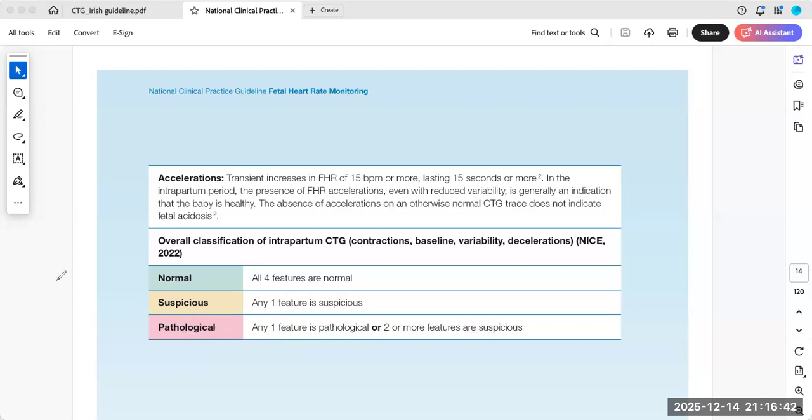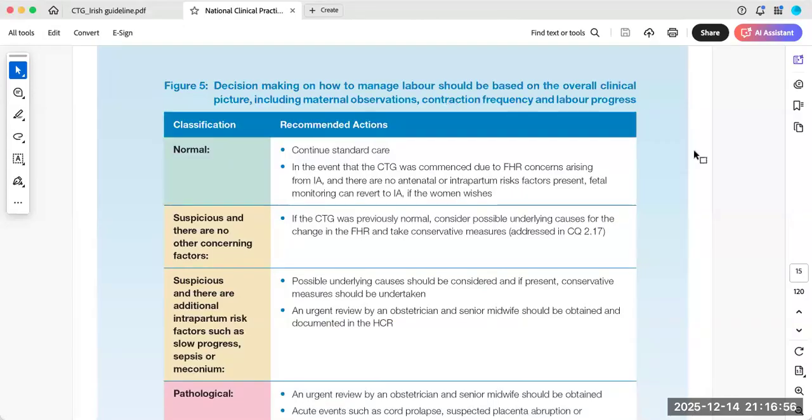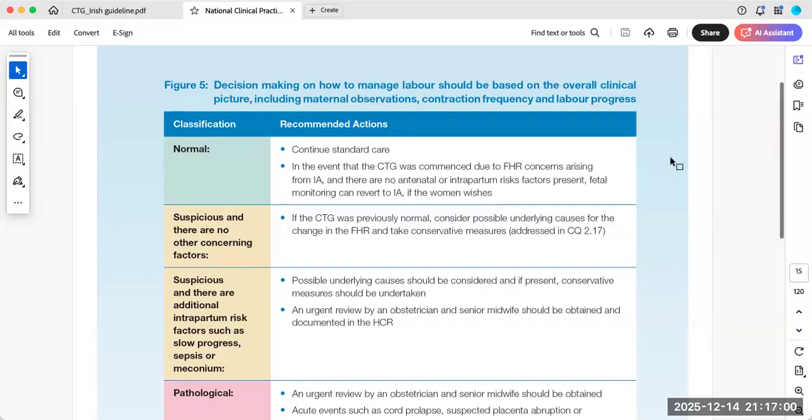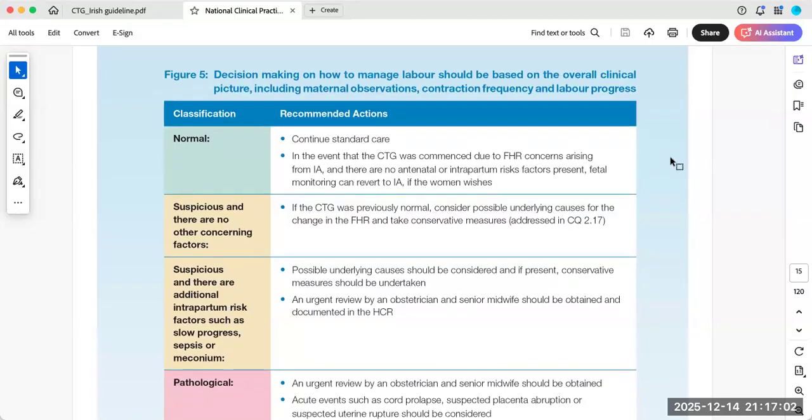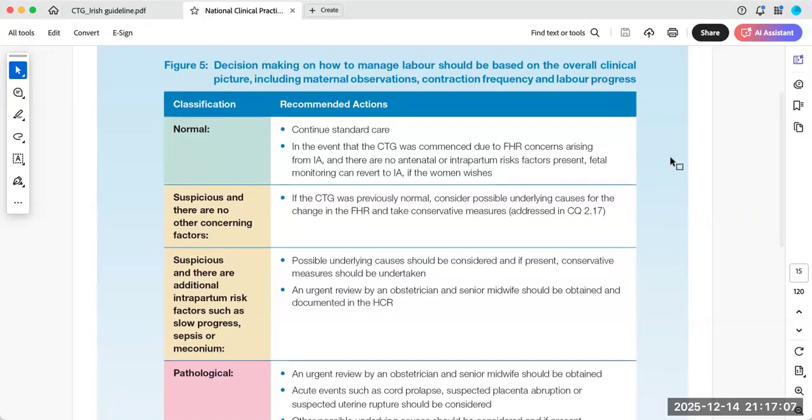So what I will do, my friends, after the overall classification of the intrapartum CTG according to the finding, I will take the decision. This is a decision making on how to manage labor that should be based on the overall clinical picture, including maternal observation, contractions frequency, and labor progress.